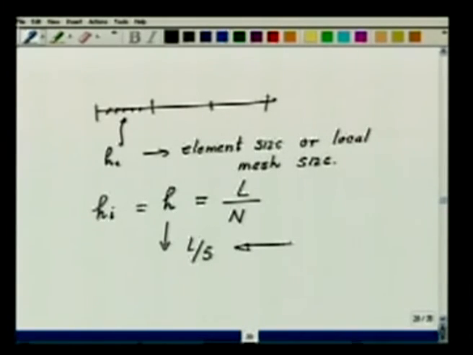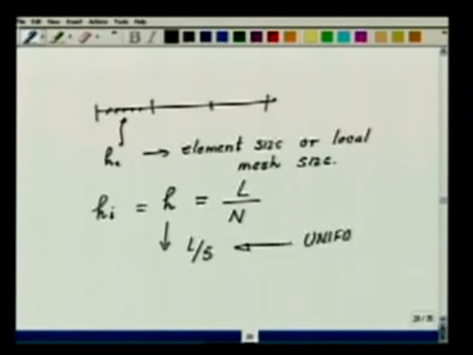When the mesh consists of elements of the same size, then it is called a uniform mesh. So we have defined the mesh again, and we have defined the phi's or the functions phi's over this mesh.